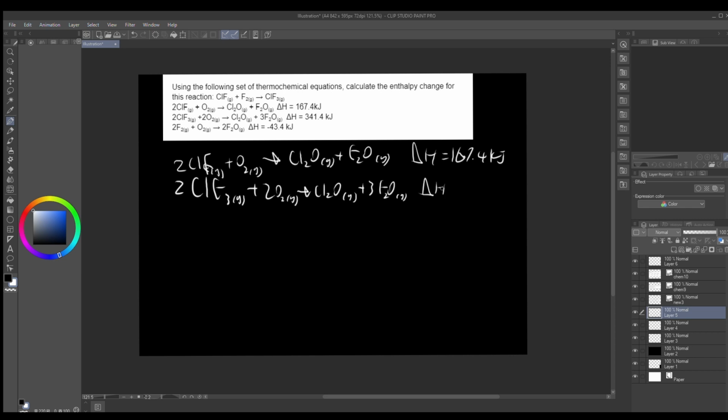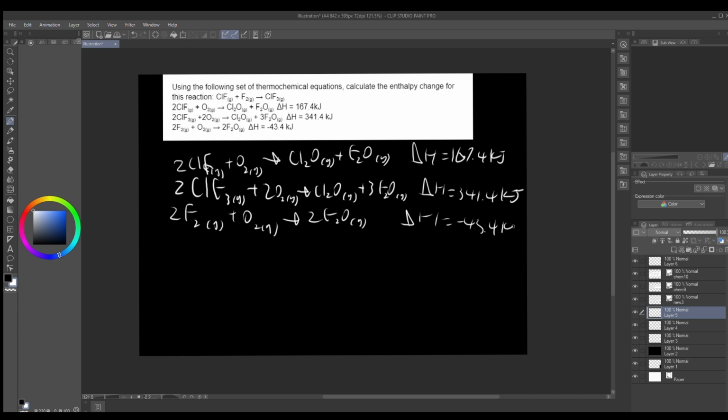And then enthalpy change, it goes 341.4 kilojoules. And then we finally have 2F2 gas plus O2 gas forming 2F2O gas, and the enthalpy is negative 43.4 kilojoules.